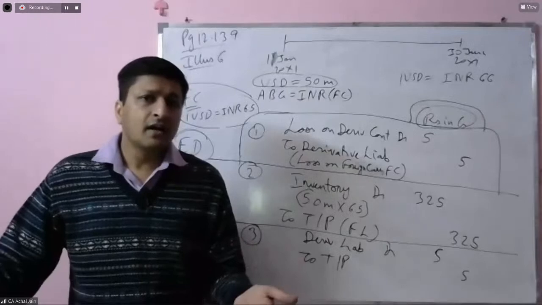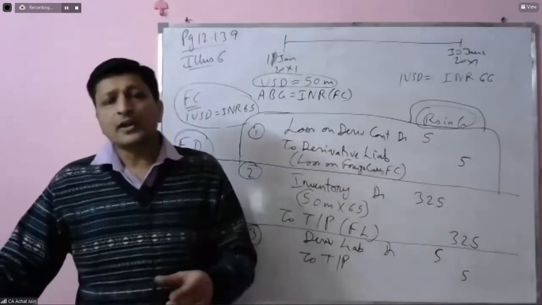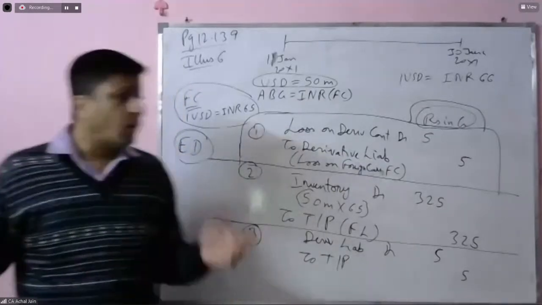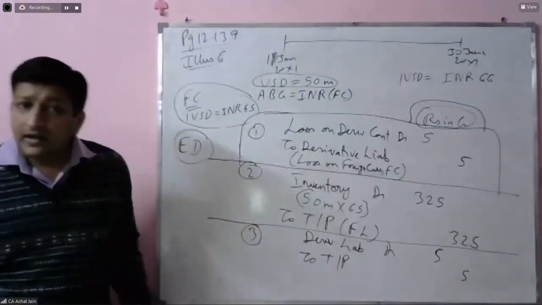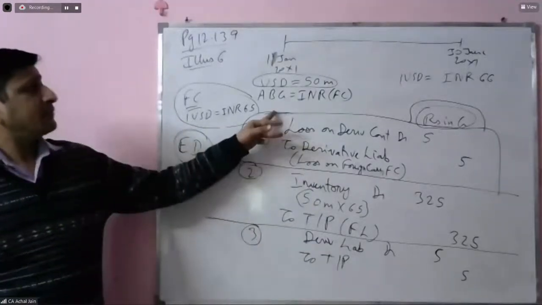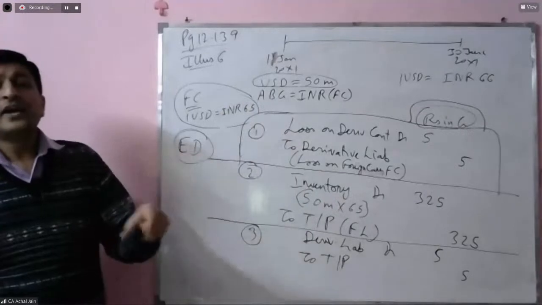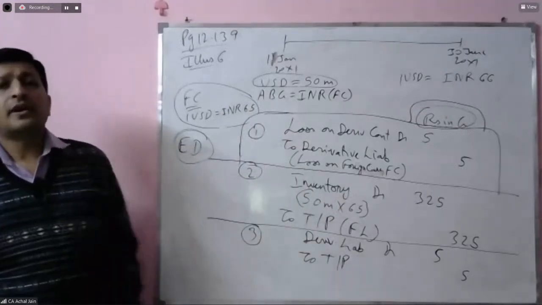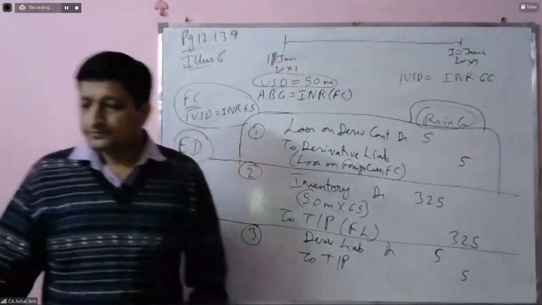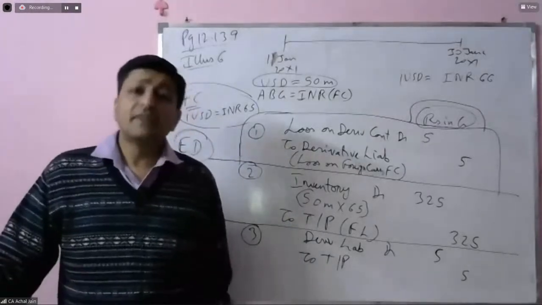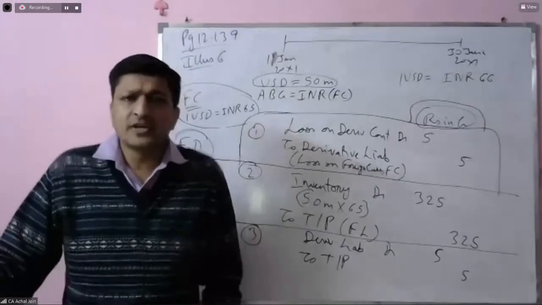You don't have the value. When you record an accounting entry, you need some value. On day one, that means on the date of entering into this contract, fair valuation of that forward contract is nil. And we will have discussion on this as to why it should generally be nil.